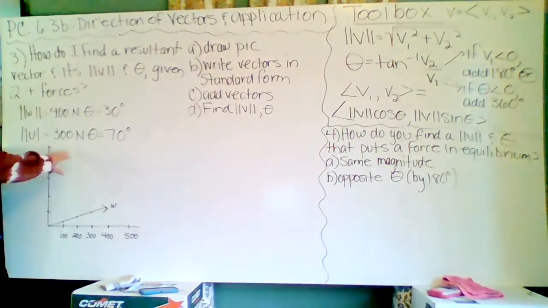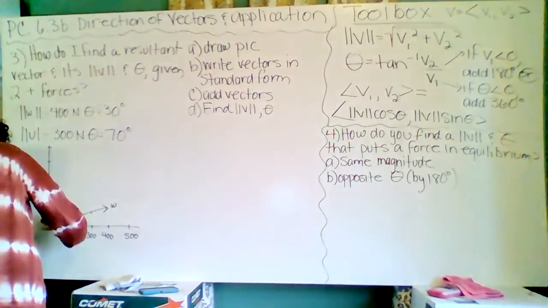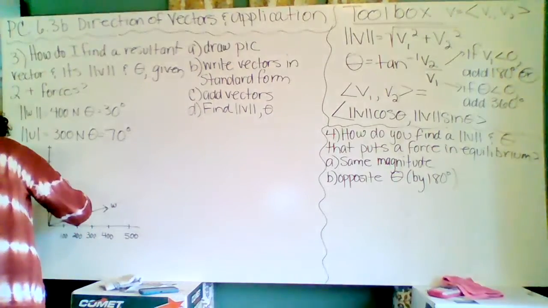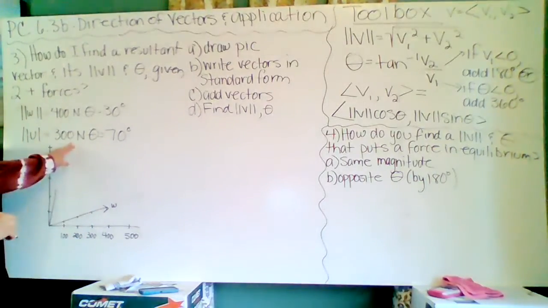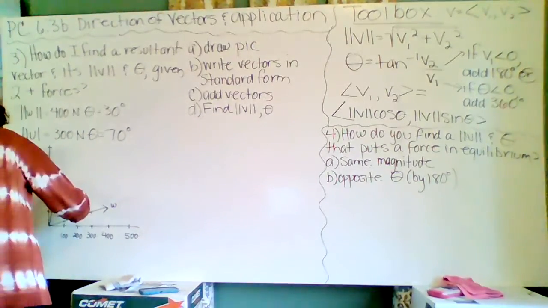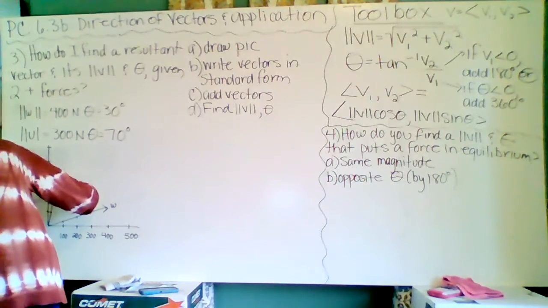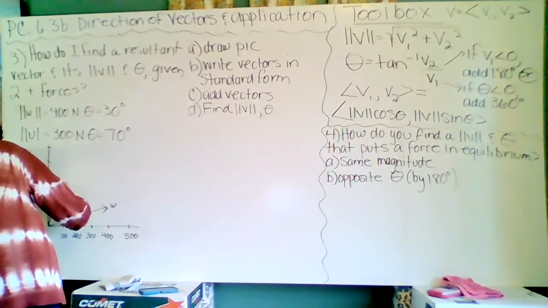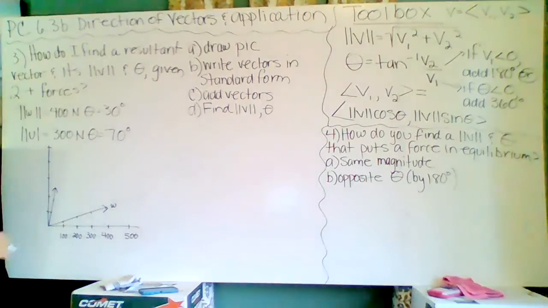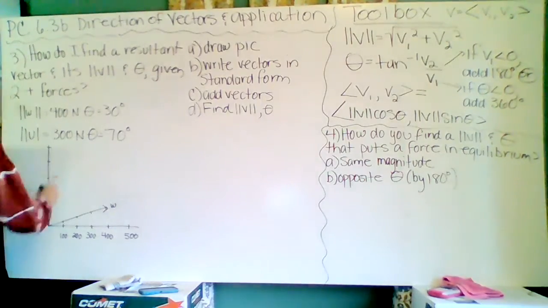Notice that vector U is 300 newtons, but at a 70-degree angle. So that is pretty steep. And it is only 3 units long. So 1, 2, 3. There we go. And here is vector U.